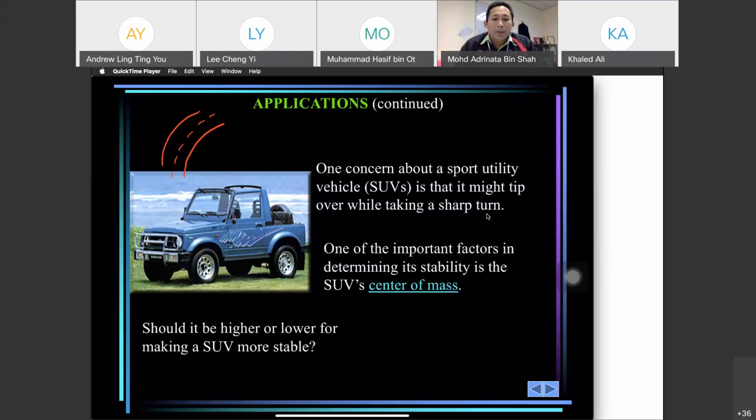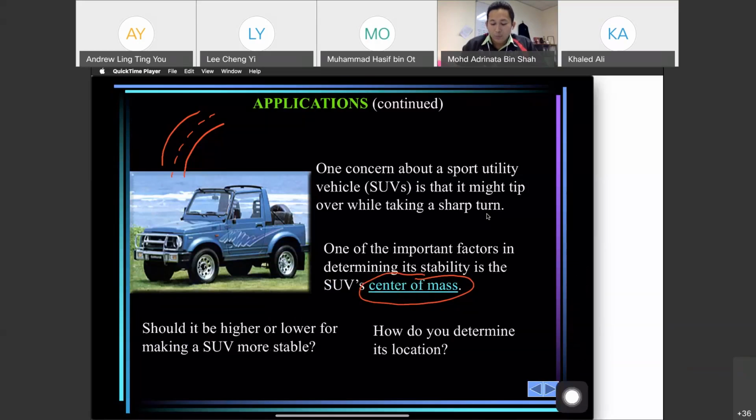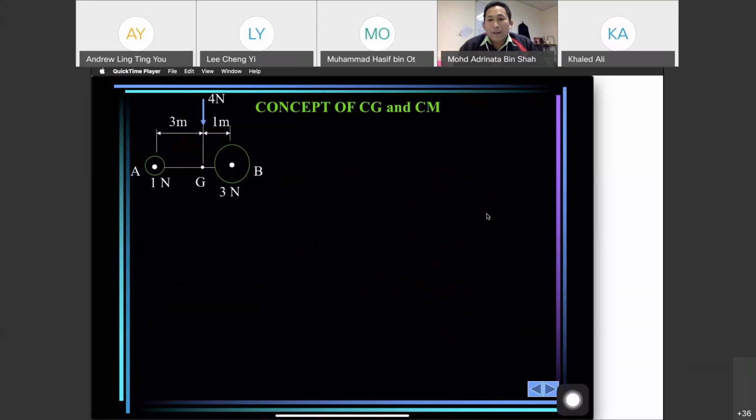Should it be higher or lower for making the SUV more stable? Center of mass, is it better higher or lower? The center of mass, how do you determine its location? So we will discuss and learn how to calculate our center of gravity.